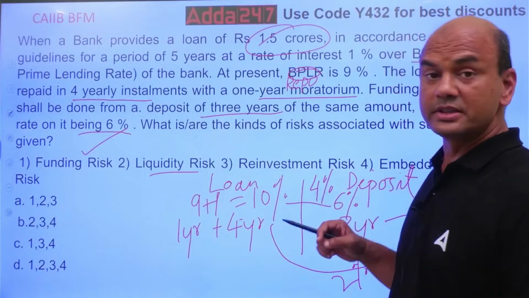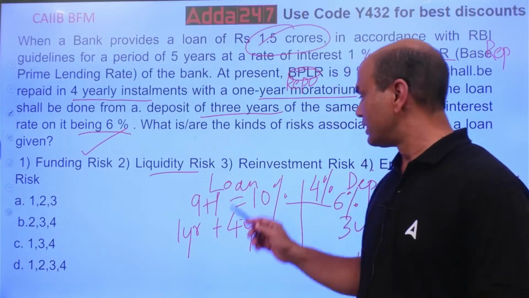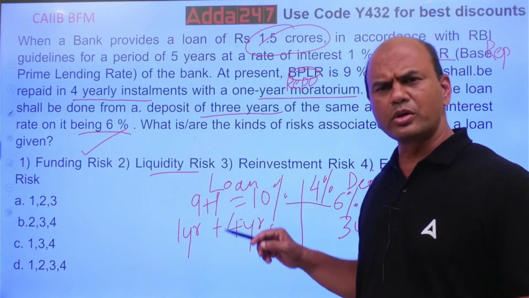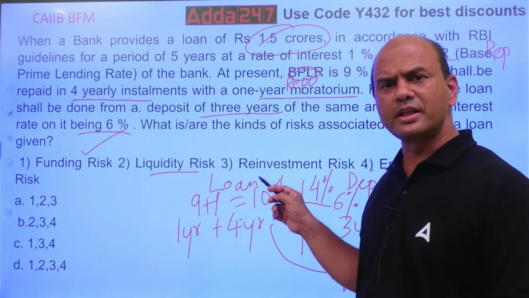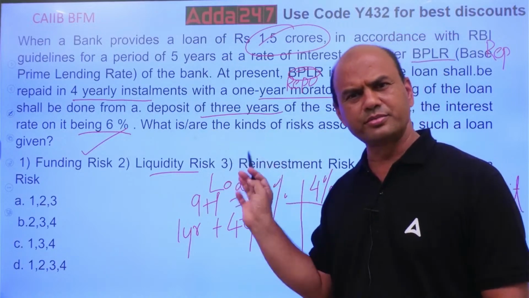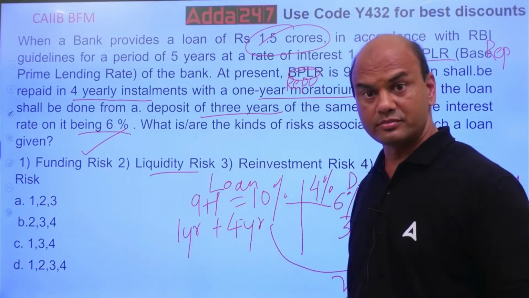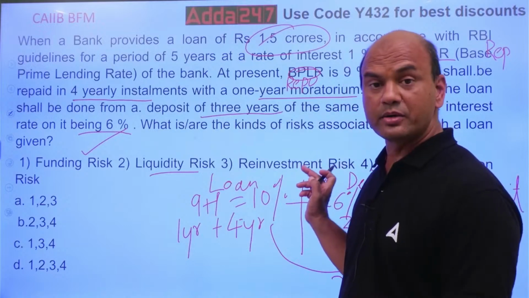Embedded option risk, this is also one more big problem. Even this loan person tomorrow morning can come to you and take back all your money. I don't want your loan. This is your amount, this is your interest. This is known as embedded option risk.